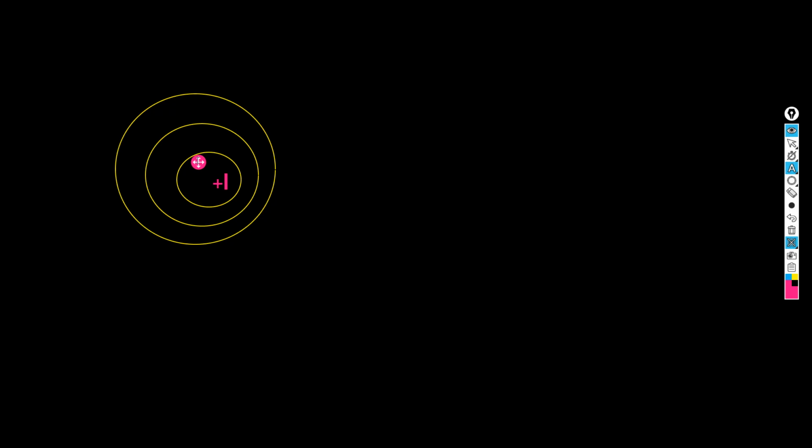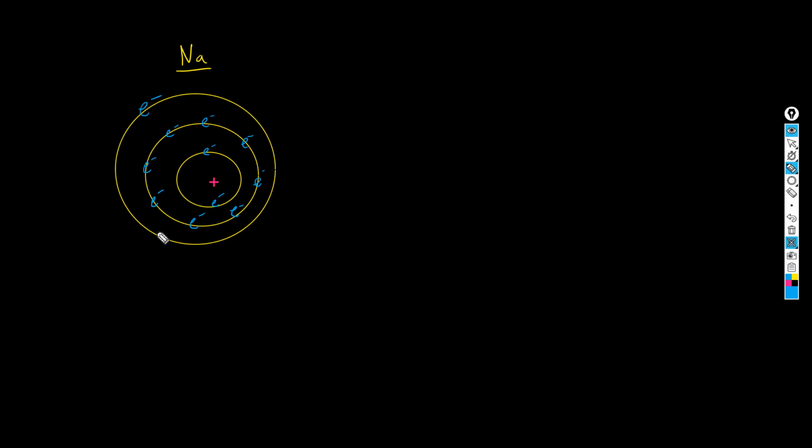Positive charge here. So let's talk about what happens as we make an ion. If this is sodium here, the sodium atom has 11 electrons. We'll draw those here in blue. We have 2 in energy level 1, 8 in energy level 2, and 1 in energy level 3.